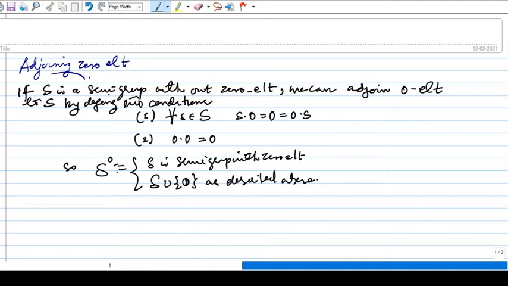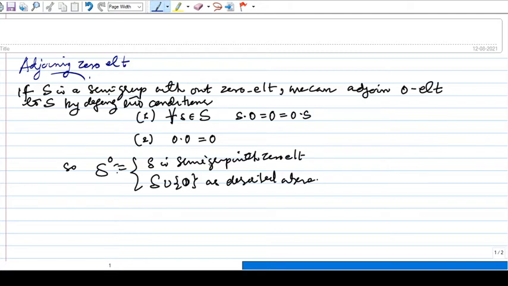For example, we know that all groups are semigroups, right? A group is a semigroup having extra conditions. So if you adjoin 0 to a group, can it remain a group again? This is an important fact that we must know. We will prove that.